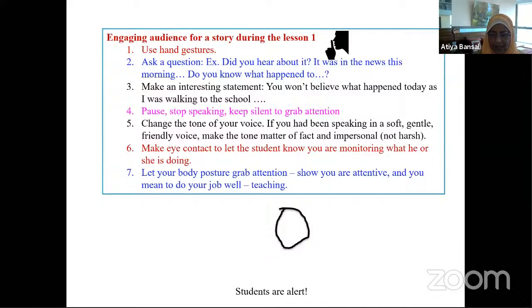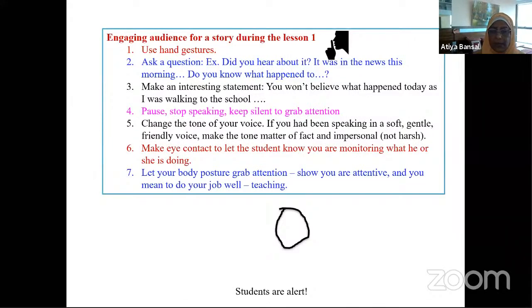Or you can pause, stop speaking, keep silent to grab attention. When teachers become silent, the students realize there is something we have to do. We have to change. So you can grab their attention. You can change the tone of your voice. If you had been speaking in a soft, gentle, friendly voice, make the tone matter of fact or impersonal.